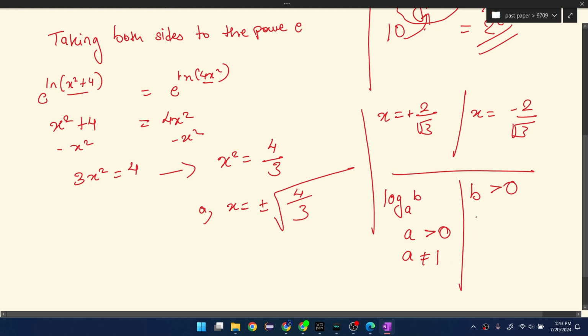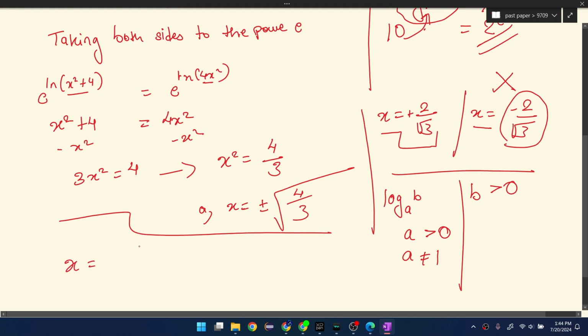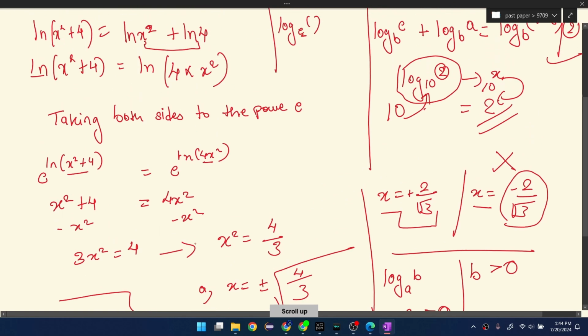Isn't that right? So here x is less than 0 because it is a negative value. So this is unacceptable. So our answer is going to be x is equal to 2 over root 3. Got it?